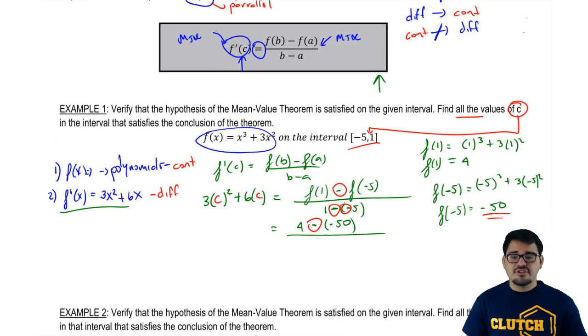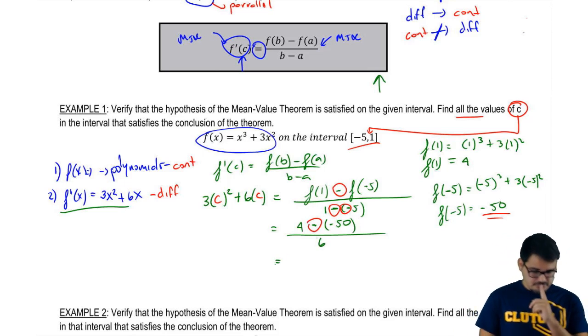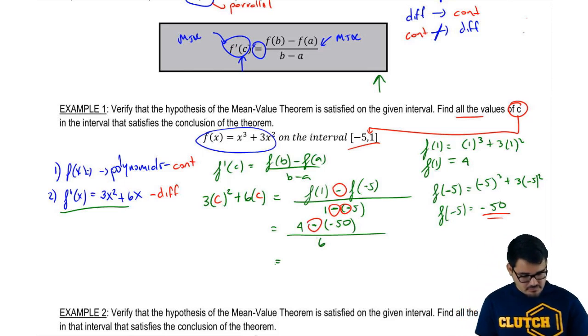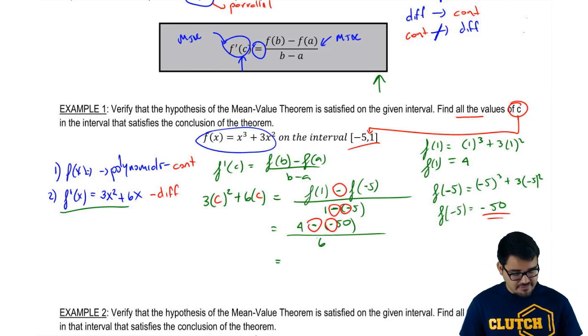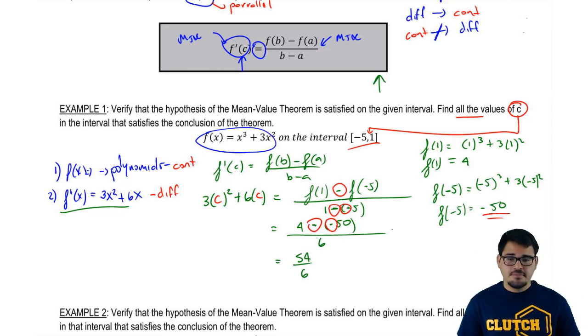This minus and this minus turn into a plus, and that gives us 6. And now 4 minus negative 50 gives us a total of 54, and then 54 over 6 is just 9.